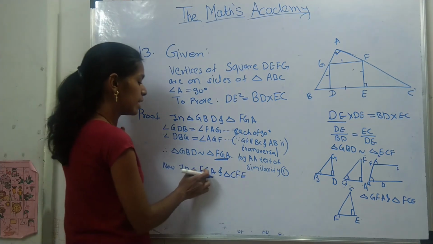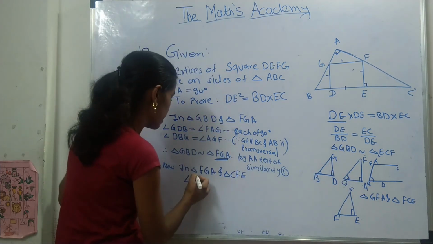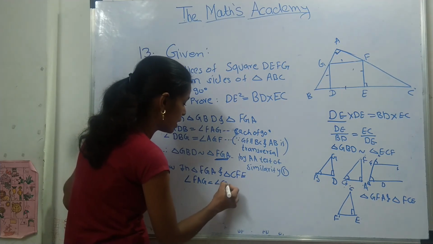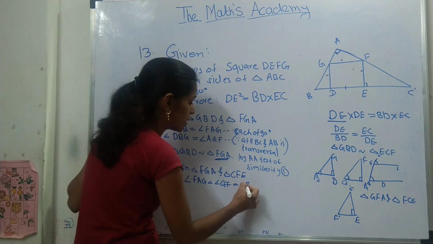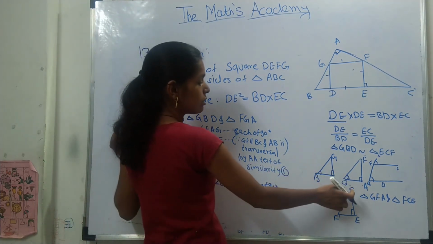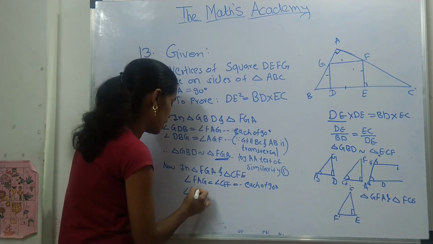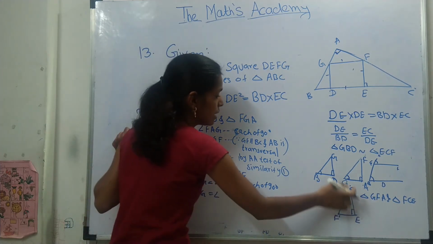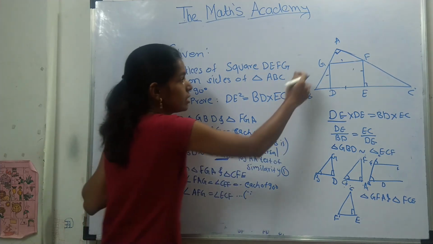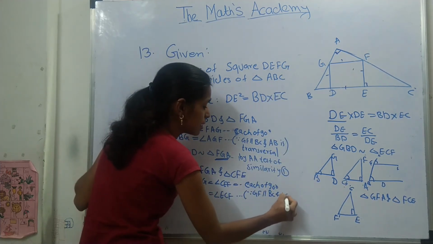Now see here, in triangle FGA and CFE, angle FAG is equal to angle CEF, each of 90 degrees, and angle AFG is equal to angle ECF, since again GF is parallel to BC and AC is transversal.